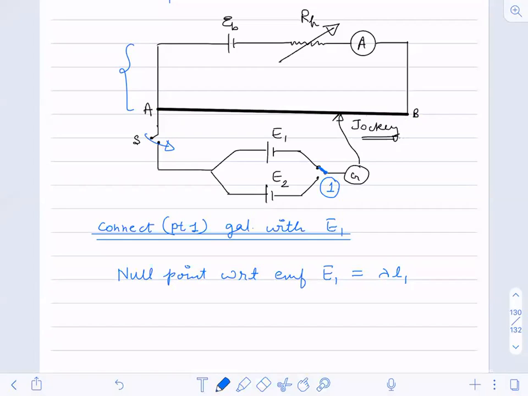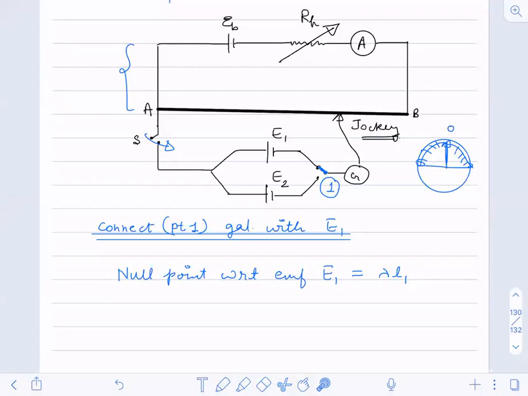Null deflection means the pointer is at 0 over here. One side is a deflection towards A, the other side is a deflection towards B, and when it is at 0, it is the no current situation, no current flowing through the galvanometer.